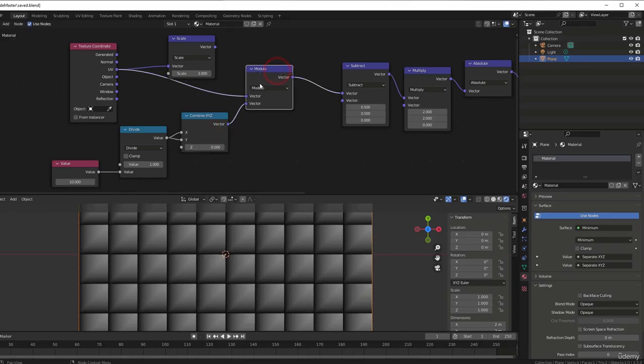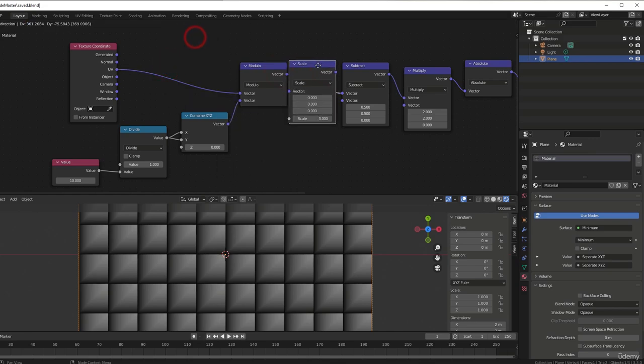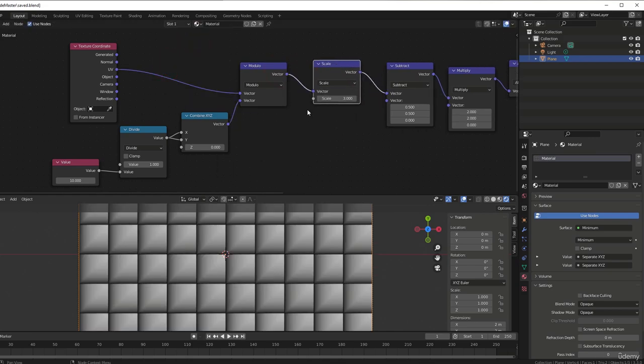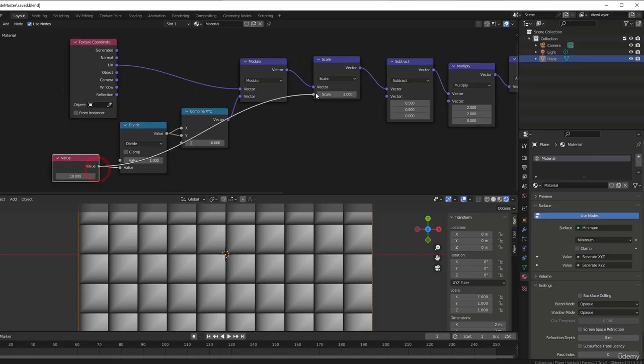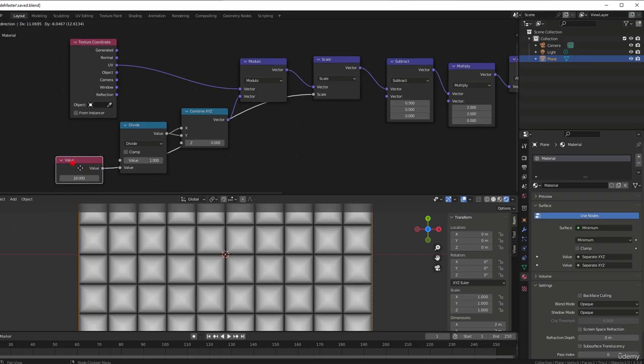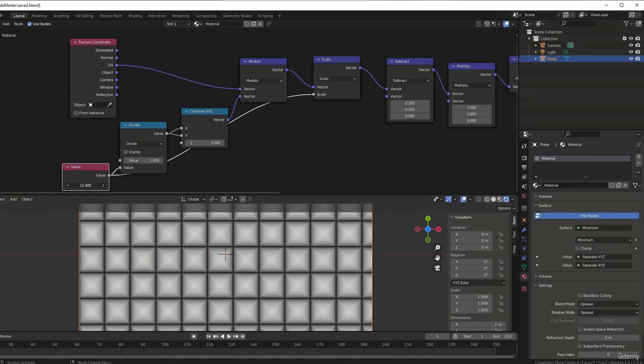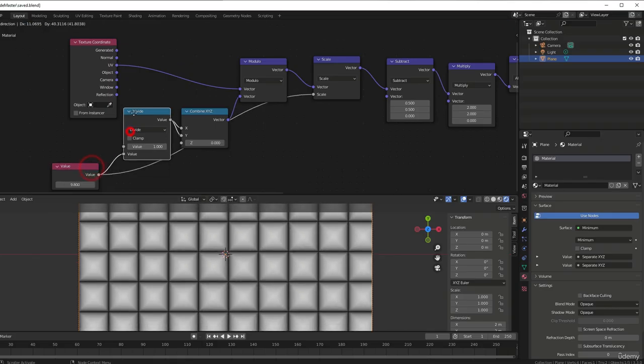That will be exactly the same as we had before, but we now can use this to multiply after the modulo. So if I just take away the scale here and I multiply it with this, then you can see that my tiles now changed so we can recognize them again. And we can now control it very simply using the value here.